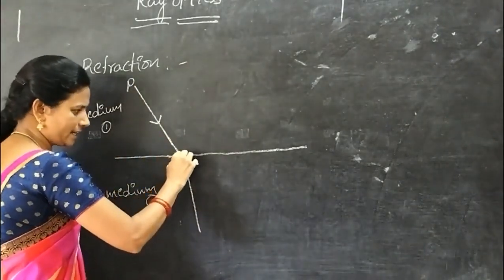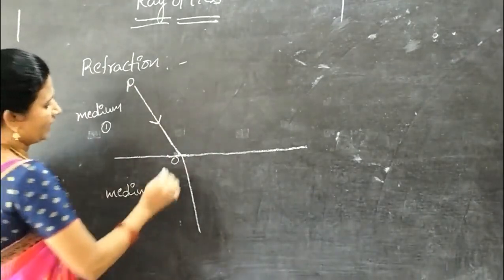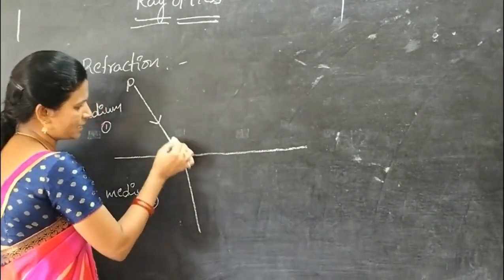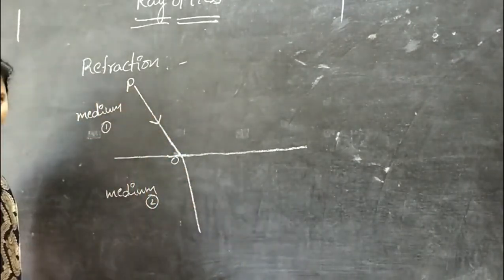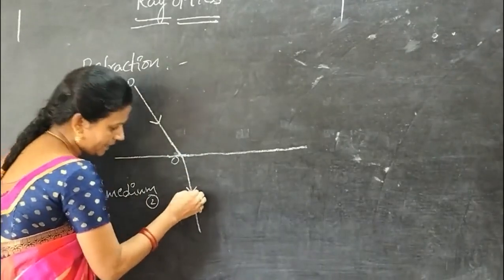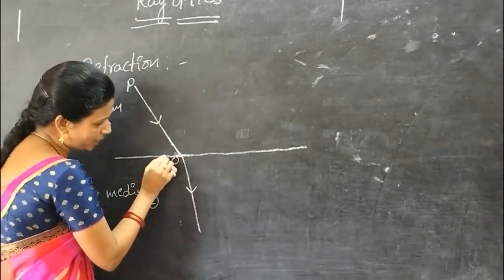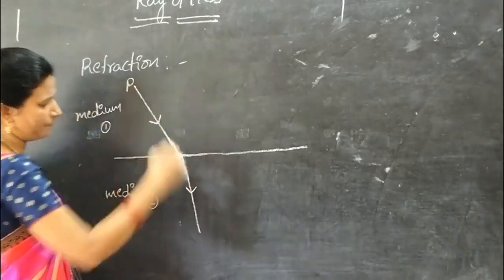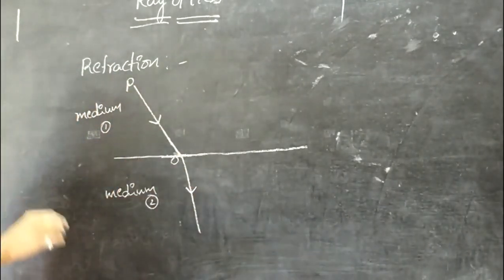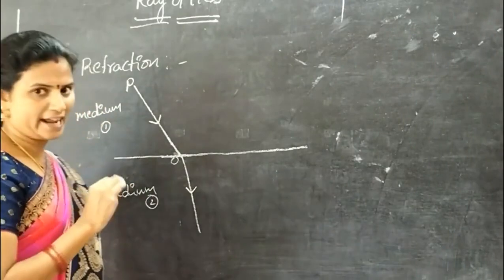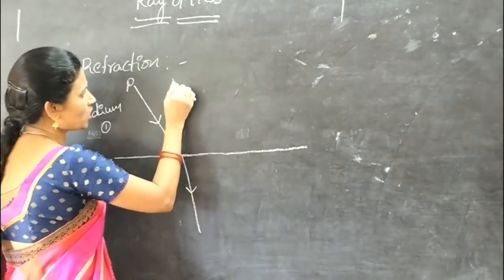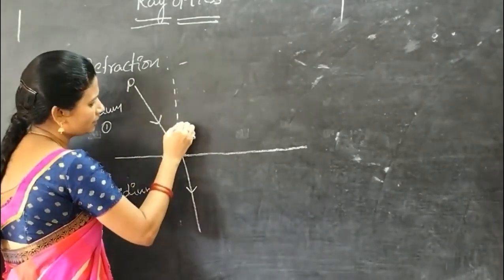So this is the light ray. Whenever the light ray travels from one medium to another medium, at the separation of the medium, the light ray bends. This property is known as refraction. Let us draw a normal on that.